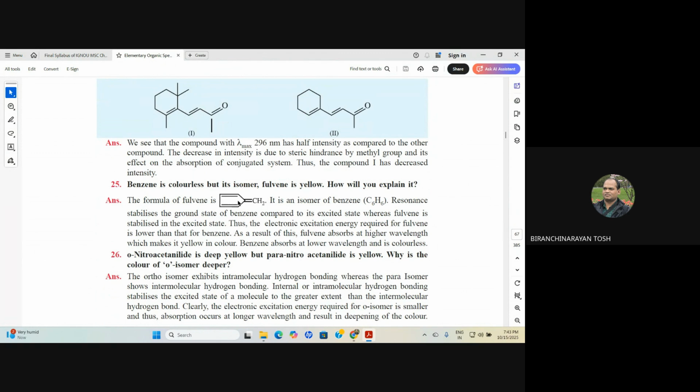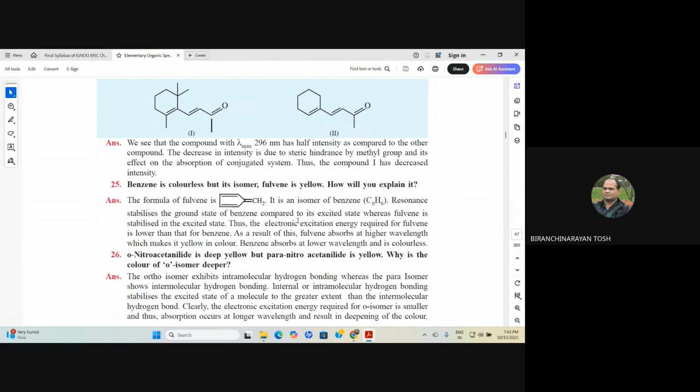But in case of fullerene, there is alternate double bond, a conjugated system, but resonance does not occur in this case because this is a pentadiene system having extended conjugation. So it is a conjugated system. But benzene, though it has alternate double bonds, is not a conjugated system in that sense; it is stabilized by resonance.